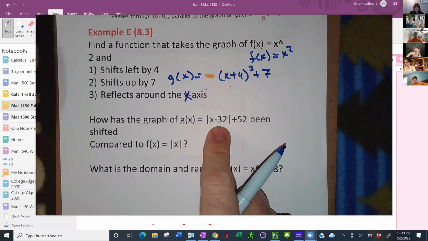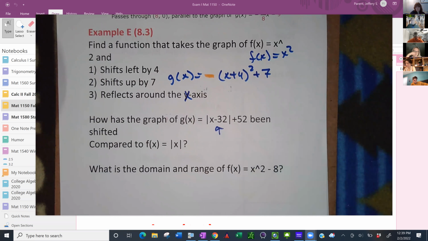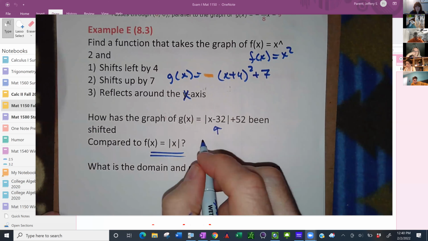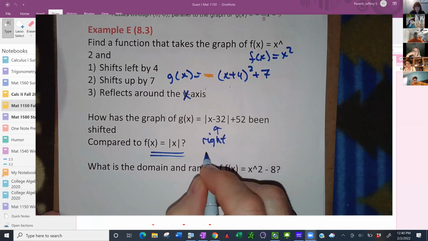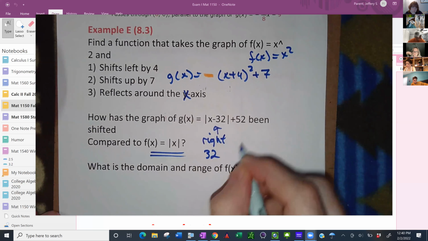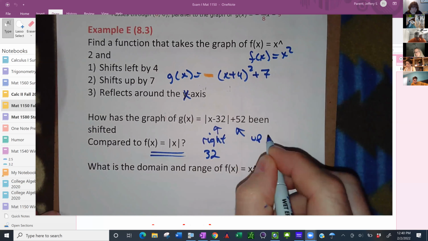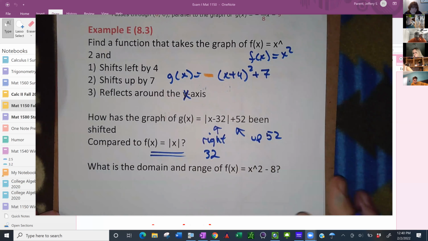What's the x minus 32 going to do in terms of shifting this from the graph of the absolute value? Shift right. Excellent. Right 32. Thank you. Right by 32, up by 52. Nice.